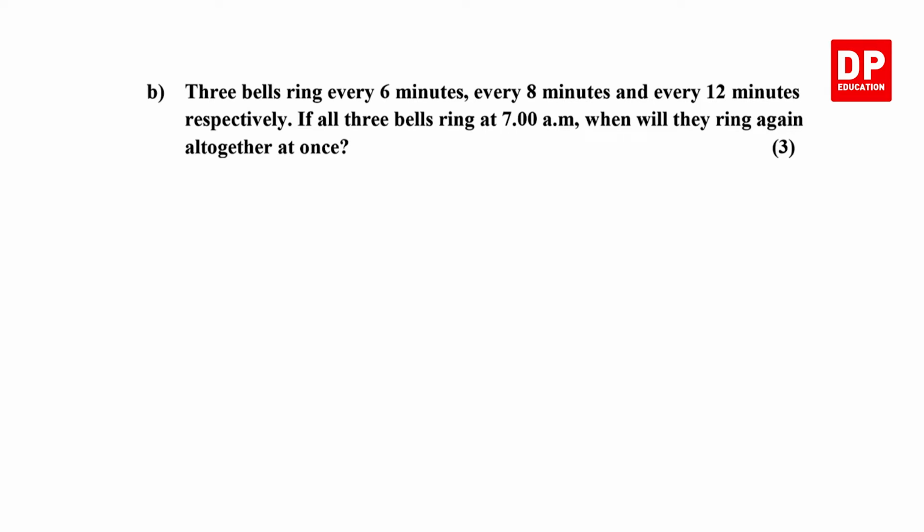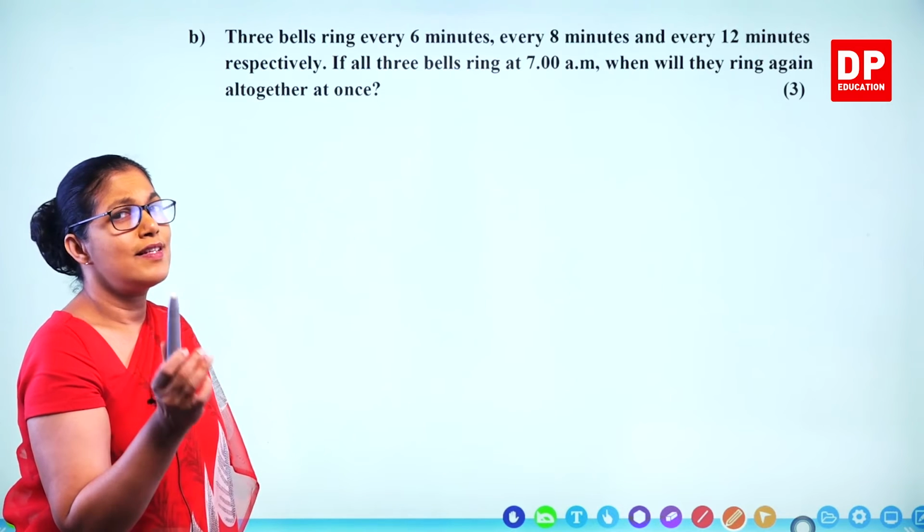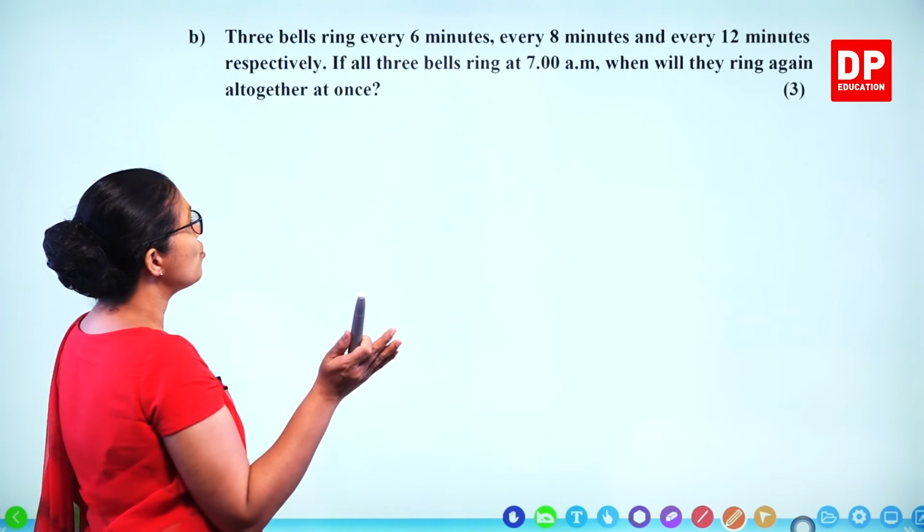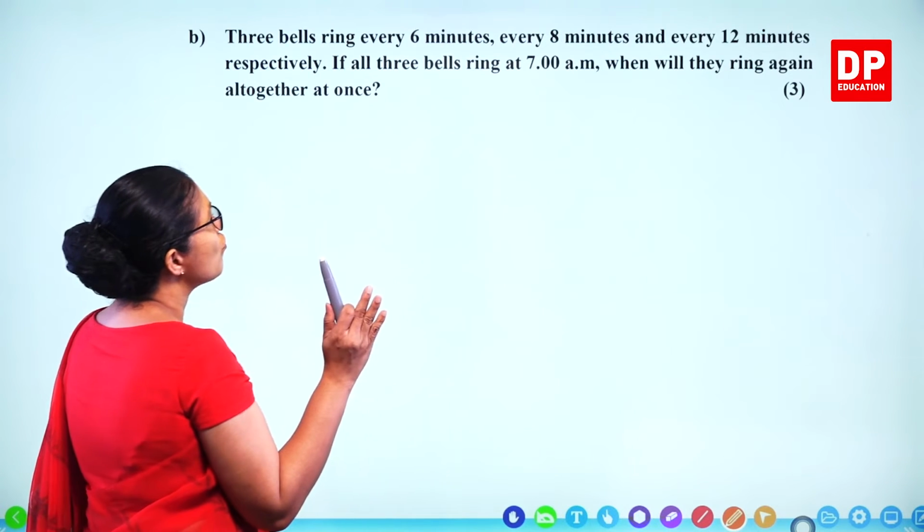So let's see the last part. 3 bells ring every 6 minutes, every 8 minutes and every 12 minutes respectively. If all 3 bells ring at 7 a.m., when will they ring again all together at once? So this is related to least common multiple. So what you have to do, you have to find out the least common multiple.